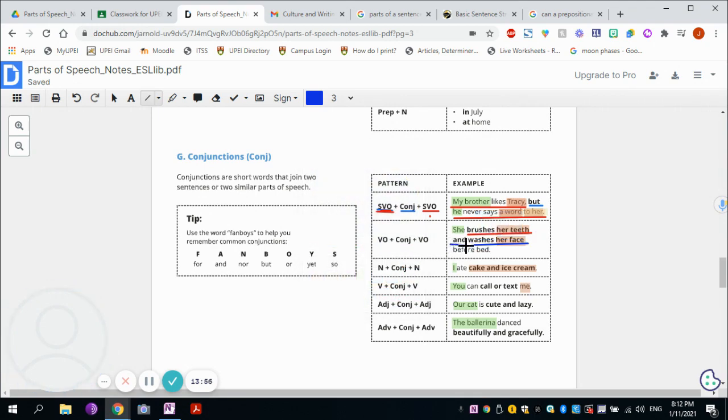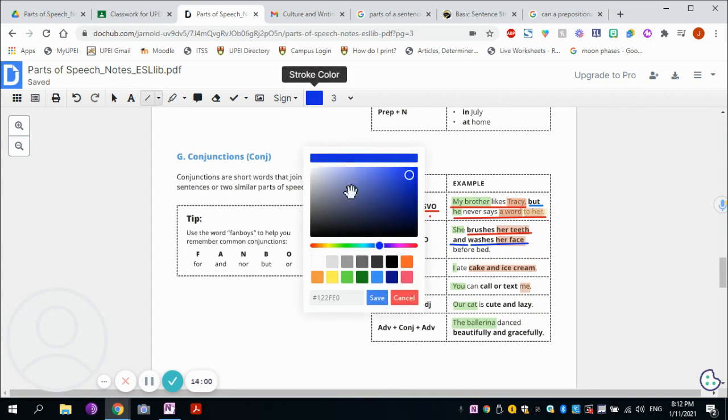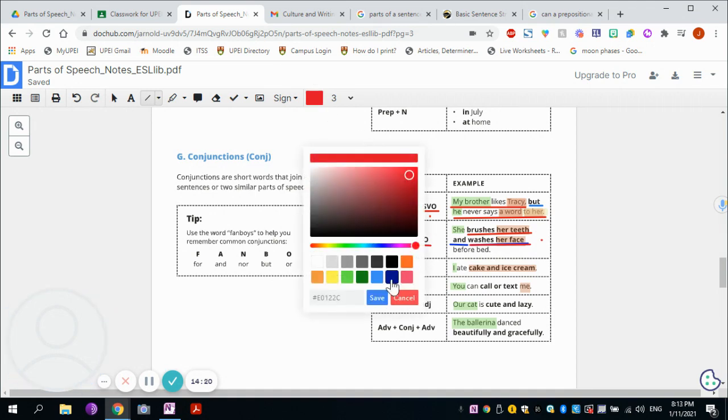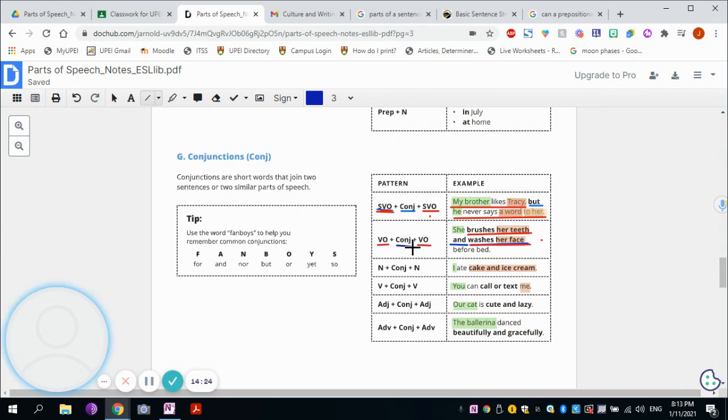Okay. We'll put in our conjunction there. We'll go back and make that red here. There we go. So we have the verb and the object, we have the verb and the object, and then we have as well our conjunction in there, which connects the two of them.